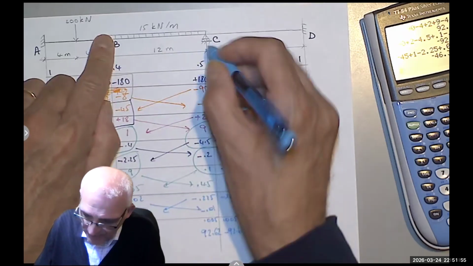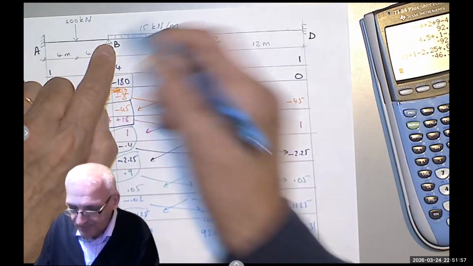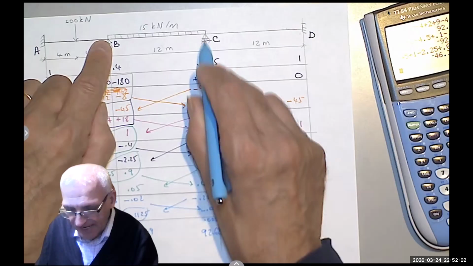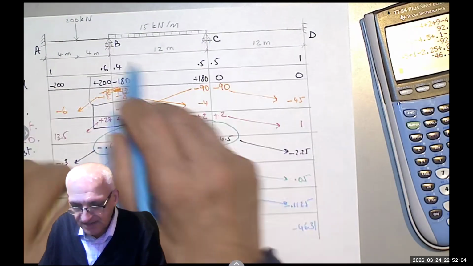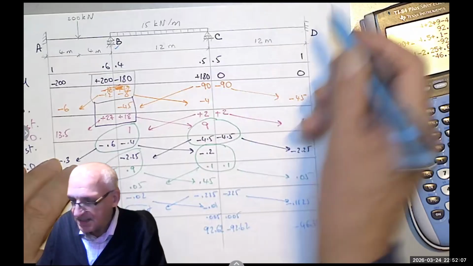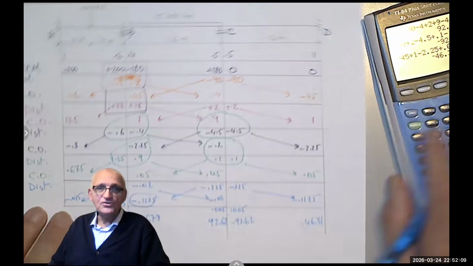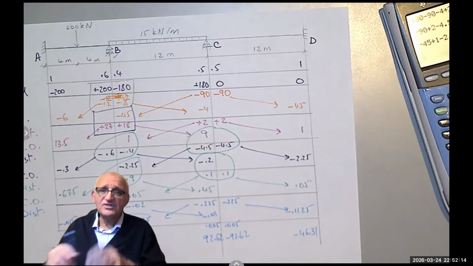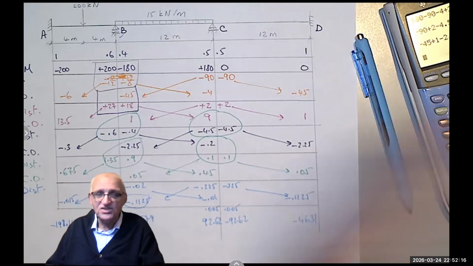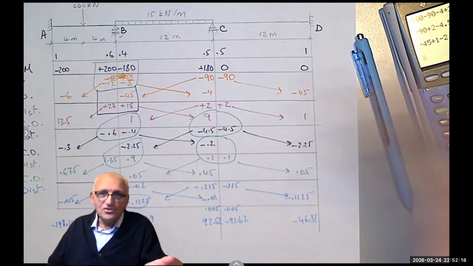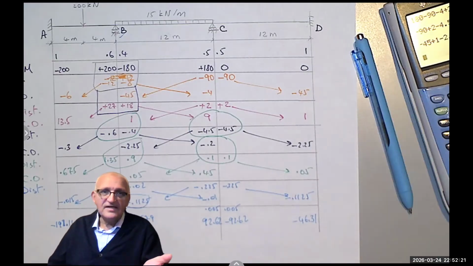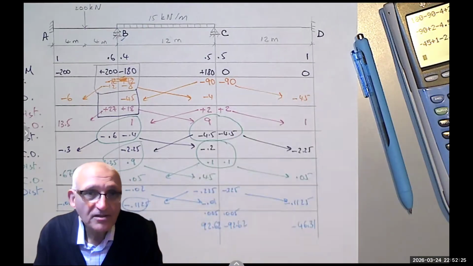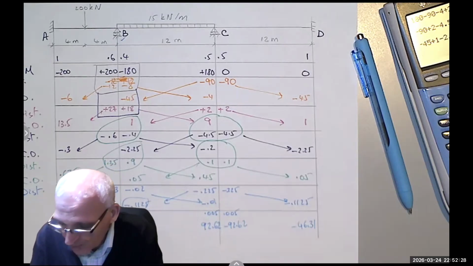So I'm going to take the moment from C about B plus the moment at B. I can get the support reaction here and the support reaction there to add them up and get the support at B. And once I find all the support reactions, I can easily draw the shear force and the bending moment diagram. It's really very straightforward. I don't want to waste time doing all of that. It's so easy. Once you find the reactions, you can plot the shear force and the bending moment diagram.